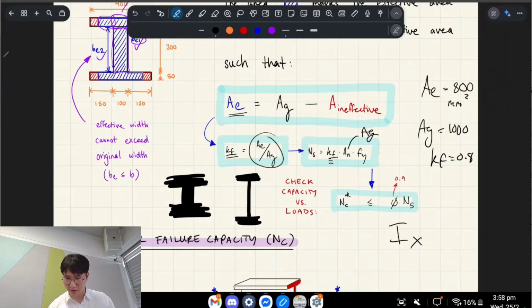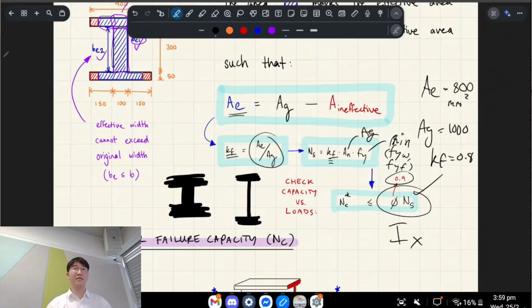That's usually AG. That's the minimum between your web and your flange, right? And then happy days, and then you get this times by 0.9. See if the capacity still can withstand the forces, and then once you've checked it and it's all good, you're good to go. So that's NS, okay?